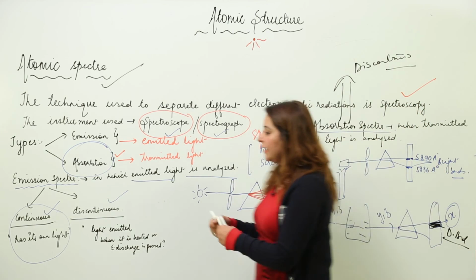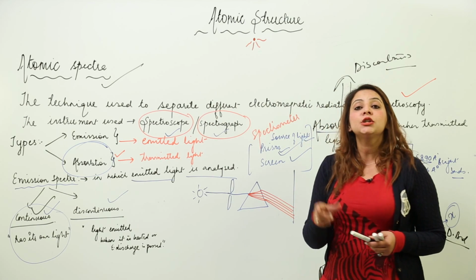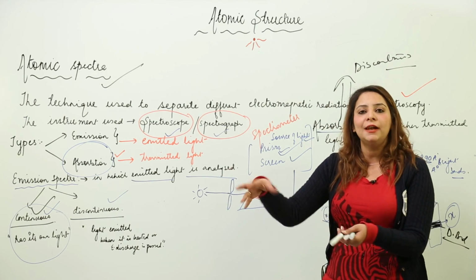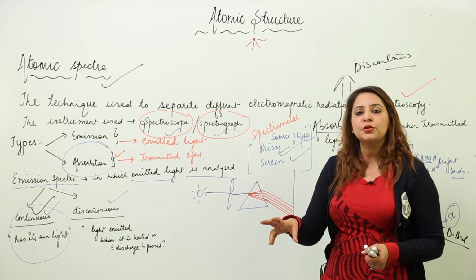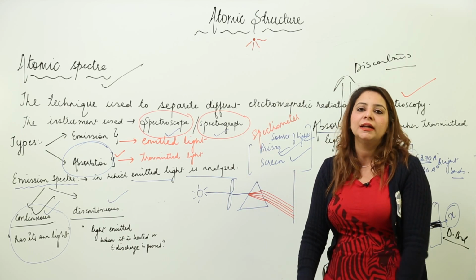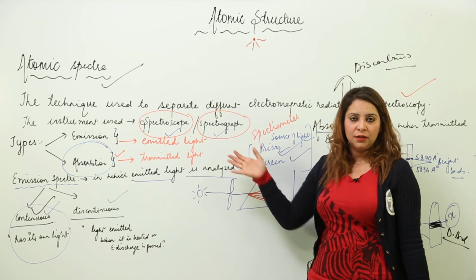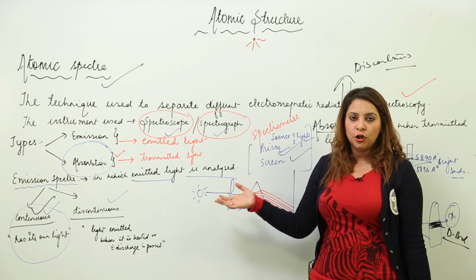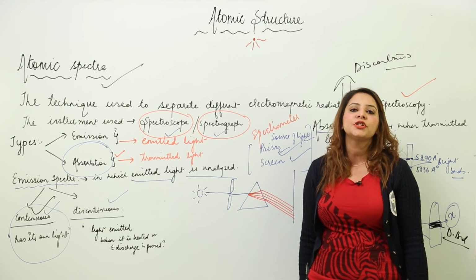The difference is that continuous is where the object has its own light, or is itself a source of light, and you get a continuous spectra where one color merges into another. So this is all about the atomic spectra, but the spectra is not over. We are going to study the hydrogen spectra and many more related phenomena.